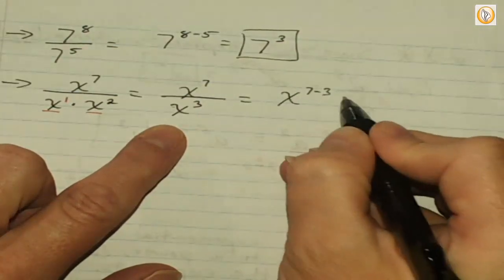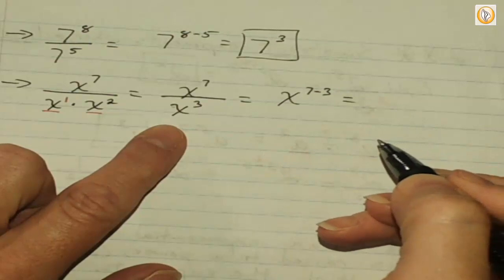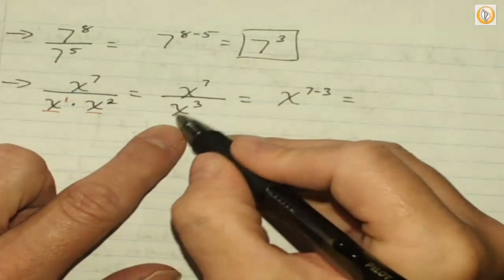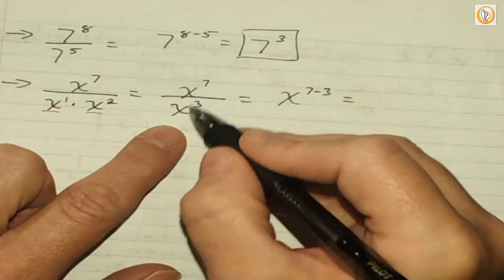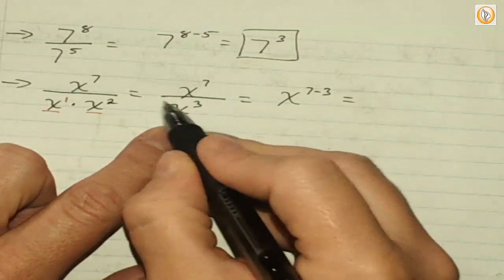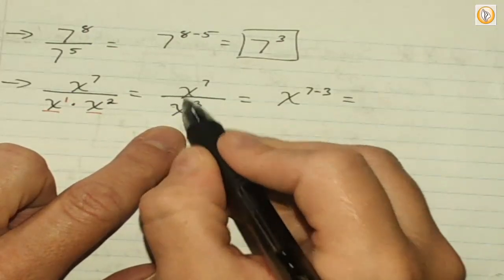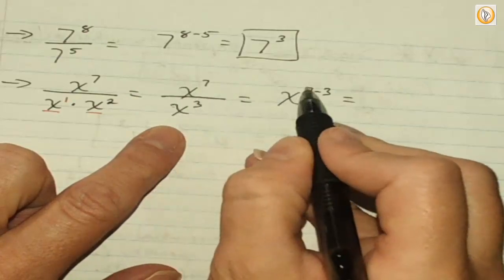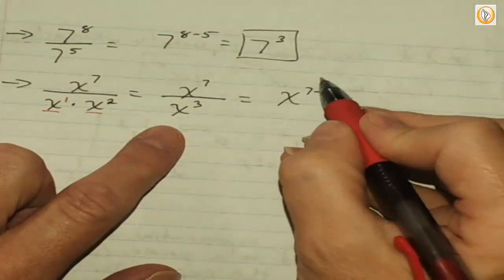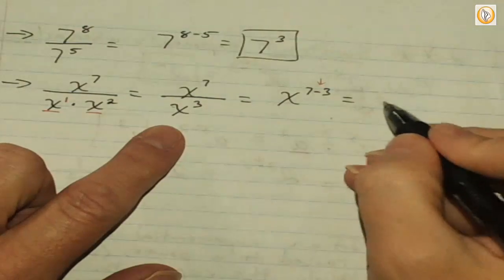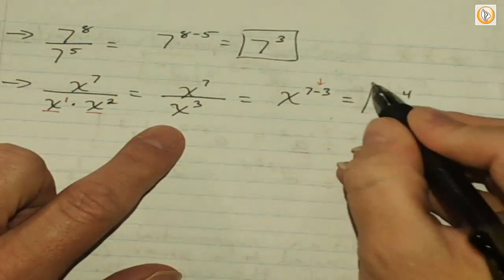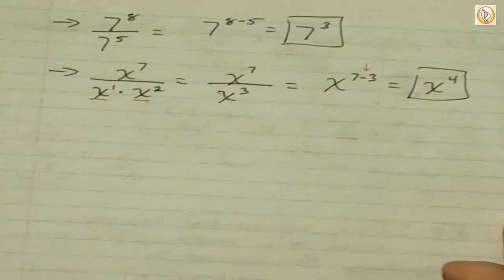Why? Are the bases the same? And what operation is taking place? Division. So when the bases are the same and we're dividing, we subtract, which is x to the 4th power. Good. Any questions?